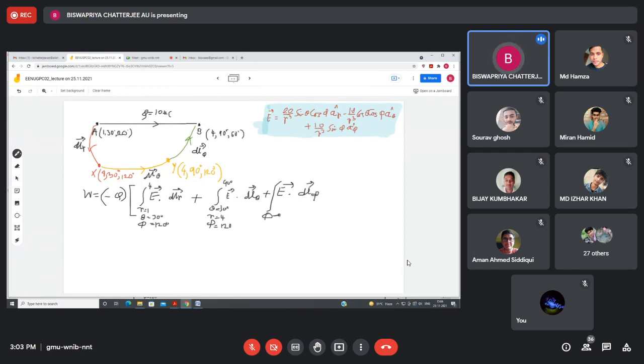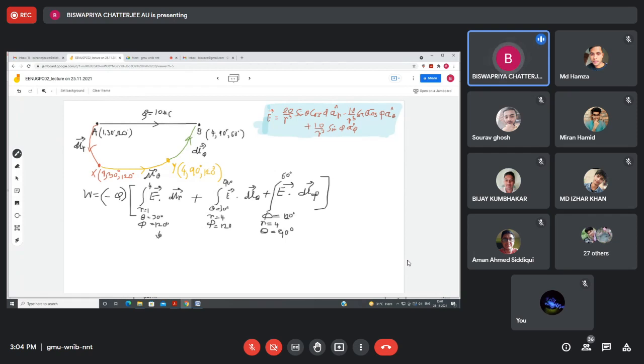So phi should be varying from 120 to 60, with r constant at 4 and theta equal to 90.